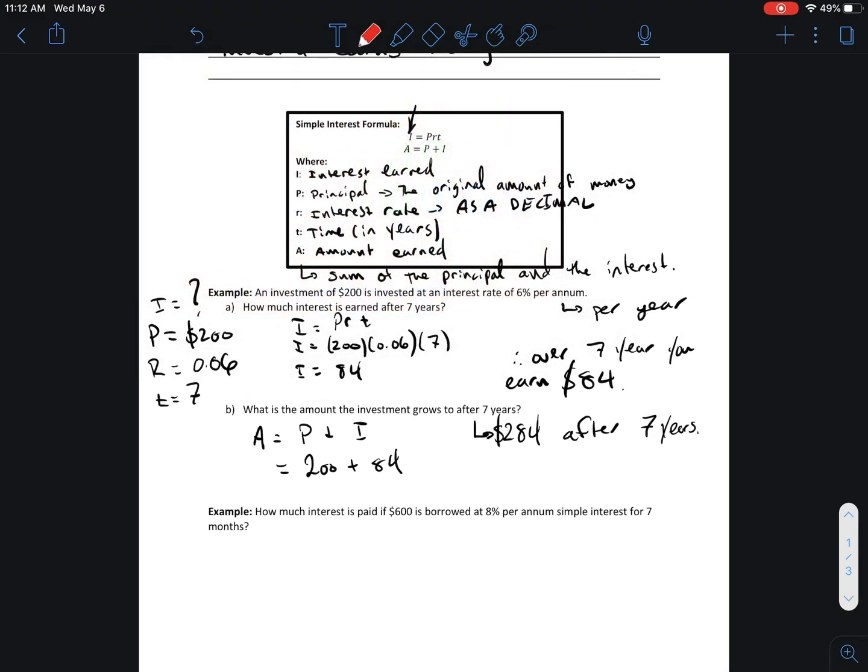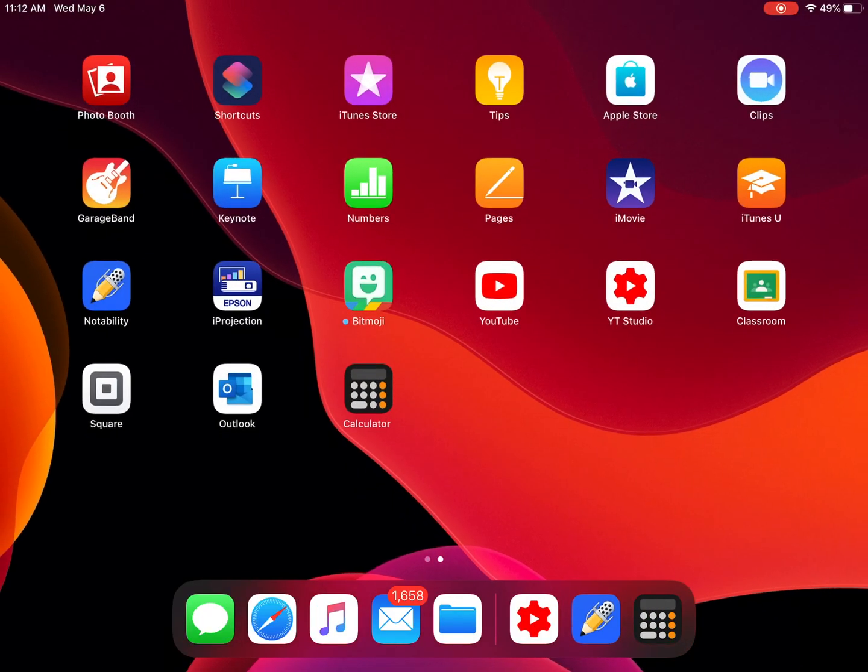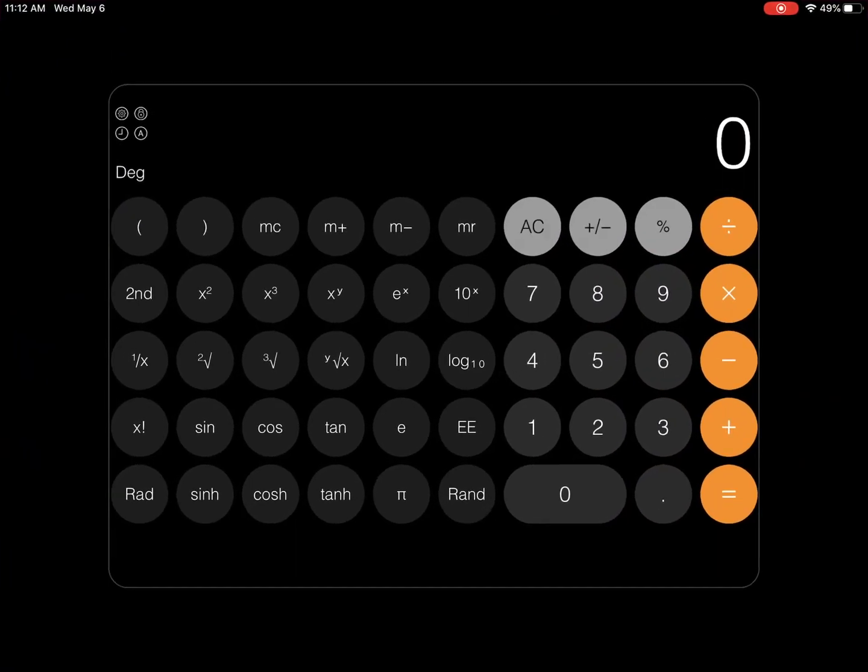But if we were to redo this question for a big company or a not-for-profit that has lots and lots of money, if we took this exact same question and changed the principal, let's say the principal is $1 million, we could redo this question under the exact same circumstances.